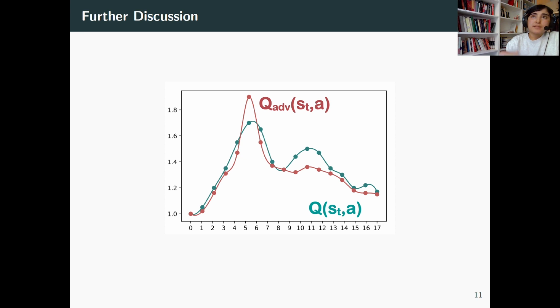Because the state action value function in reinforcement learning has a meaning for each possible action, meaning that by taking action A, the state action value function tells us what will be the expected discounted cumulative rewards we will receive, compared to just executing the correct label or optimal action in each state.